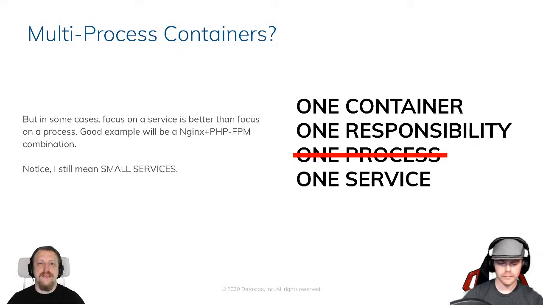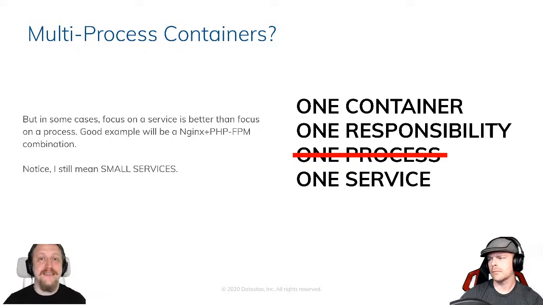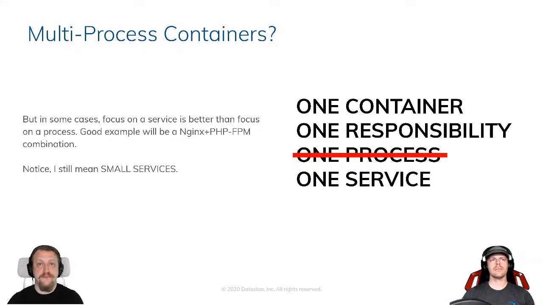If you are doing things like that, then most probably you are going to need Docker Compose and 4 different services. But I mean small services, not a service like Facebook, but a service like a database or, I don't know, Redis. But in some cases, it may be a good solution.